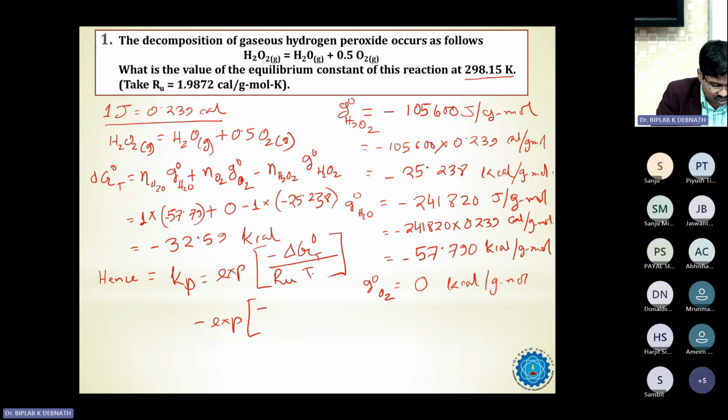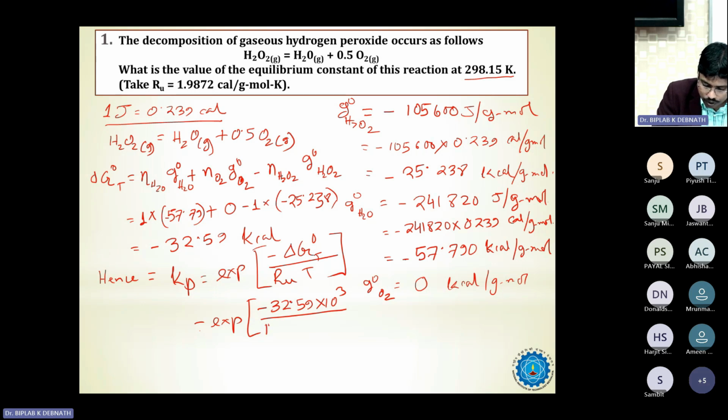Now here we have to use calorie, so 32.59 into 10 to the power 3, divided by RuT. Why have we considered calorie? Because Ru is given in calorie.